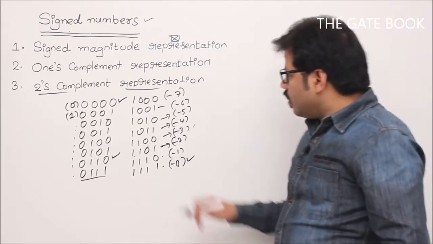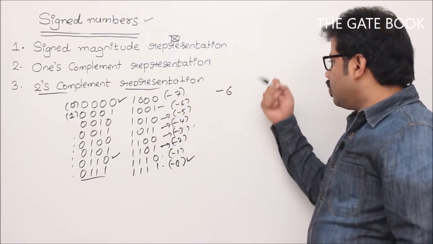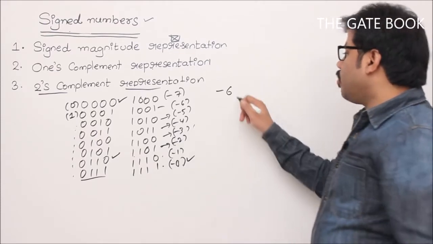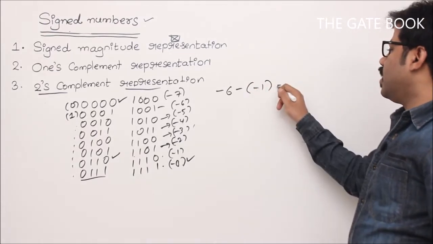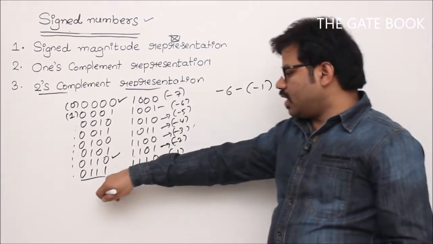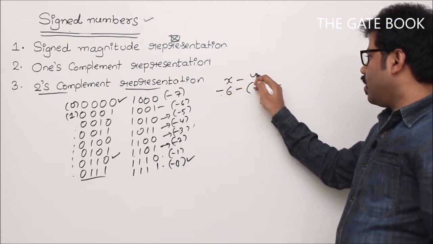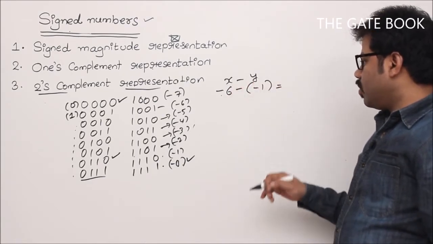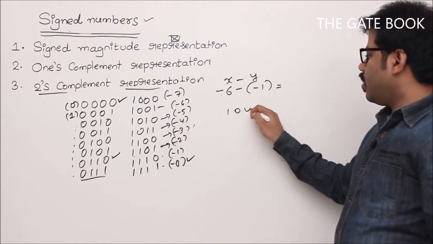So let's take minus 6 minus minus 1. That will be plus 7, correct? So that is representable. We'll see whether it is possible or not. Minus 6, x minus y. How to do x minus y? In our procedure, take x, minus 6, 1001.